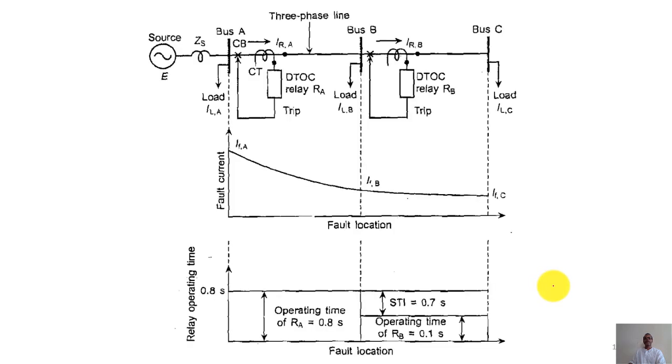Now we can see the same example. This is your fault current IFA, how it is varying, and the operating time for relay A. For relay B it is 0.1 second, the standard value, and the STI, the standard time interval, is 0.7 second, which is nothing but TCB B plus TOSA.